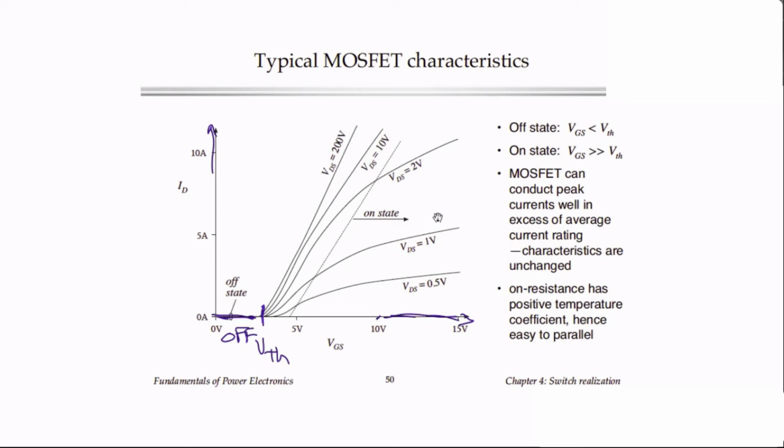And then for a given drain current, we have a given drain to source voltage. So we generally will operate the MOSFET turned on over here, where we have a low voltage, and in this case the drain to source voltage is approximately proportional to the drain current, and we can approximate this as saying the drain voltage is the drain current multiplied by the on resistance of the MOSFET.